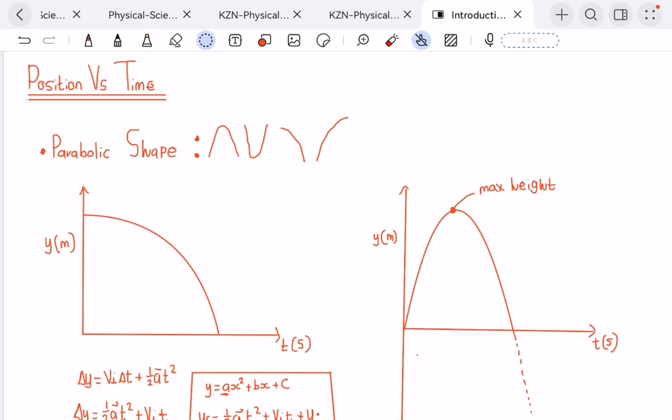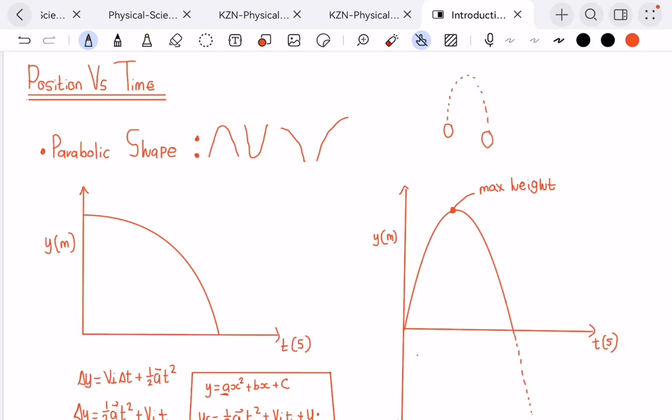So I've already drawn these two graphs. The position versus time graph basically tells us the position of our projectile, or of our object, at any given moment. Let's say I have a ball, and I'm going to draw this ball going up, and then it's going to go down, down, down.